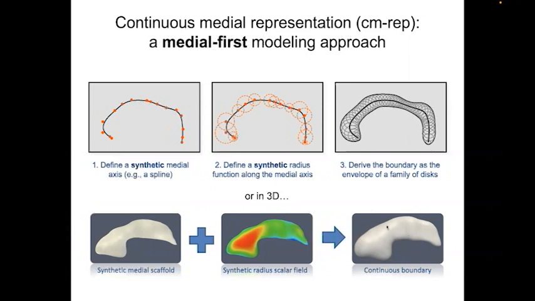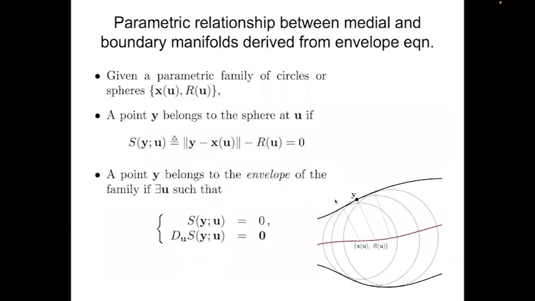So point Y somewhere in space belongs to a sphere centered at X of U if its distance to X of U is equal to the radius at U. So just to explain again, we start with a parametric surface or curve X of U, and we have this scalar function R of U, that's the radius. U here is used to parameterize this curve or surface.